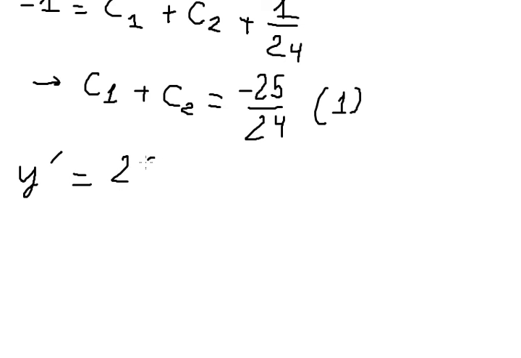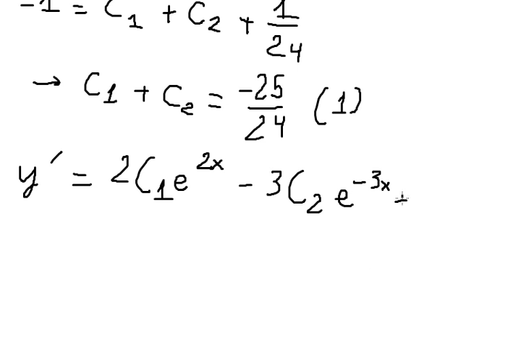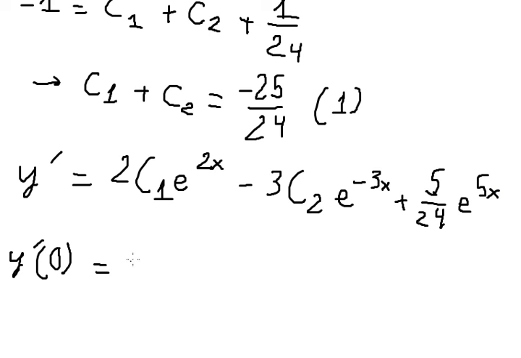So this one we have 2c1 e to the power of 2s minus number 3 c2 e to the power of negative 3s. And the next one is 5 over 24 e to the power of 5s. Now we put number 0 in here. So we have 2c1 minus 3c2 plus 5 over 24.